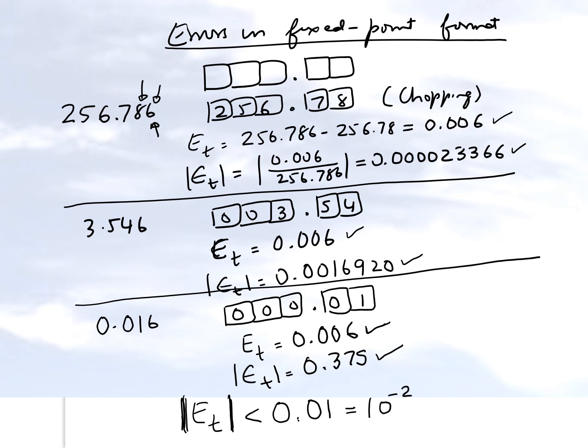This 2 is not by choice, not by chance, but actually you will find that the true error will always be less than 10 to the power minus p, where p is the number of places you have for the fractional part.